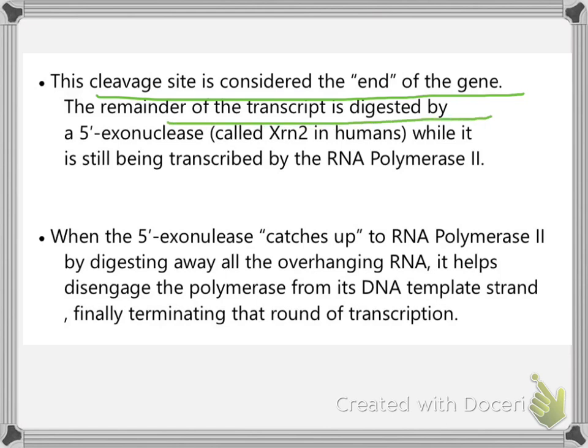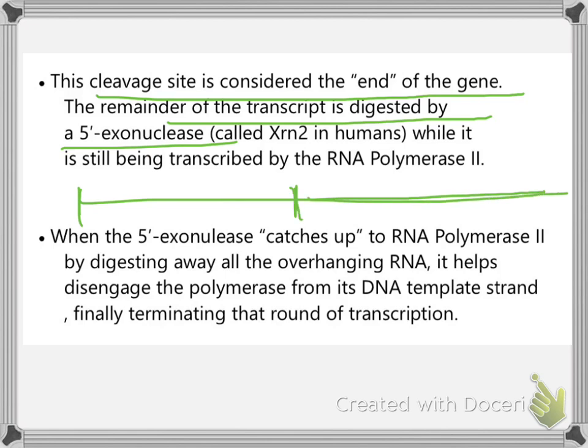And the remainder of the transcript is digested by 5' exonuclease. That is, if this is the gene to be transcribed, this is the original end of the gene to be transcribed, then all this extra transcript will be digested by 5' exonuclease.